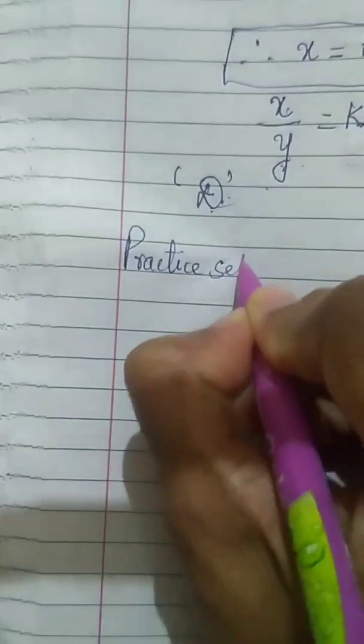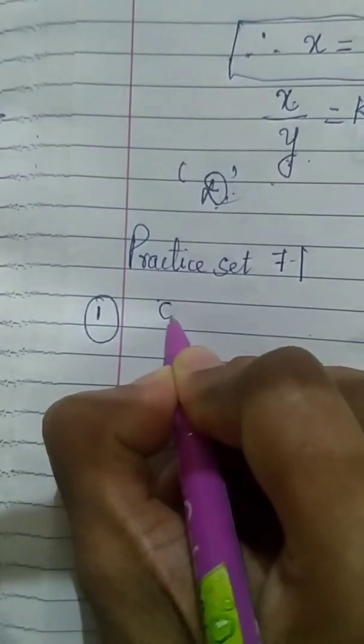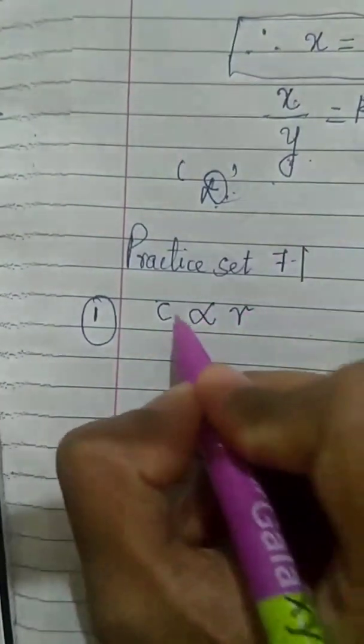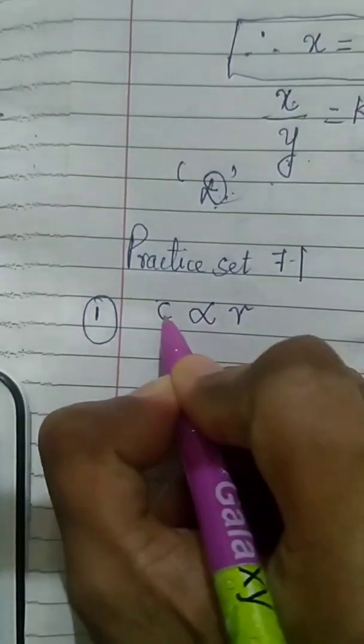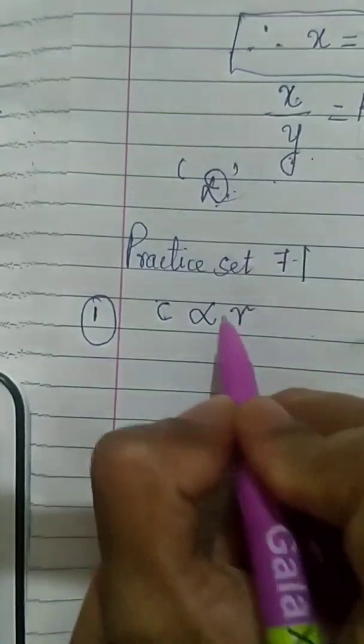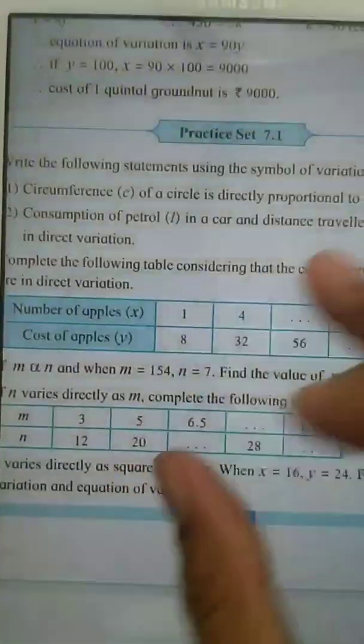Answer, practice set 7.1, first one. Circumference C varies directly to R. As the radius increases, circumference will increase. So they both are directly proportional. This way you will write it in symbol. So simple. Now second question.